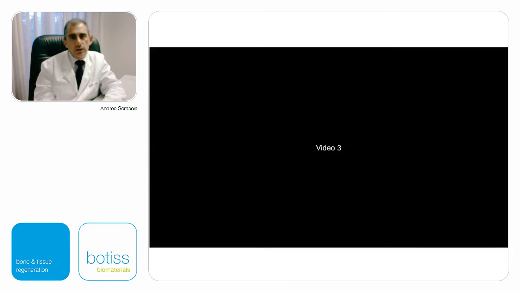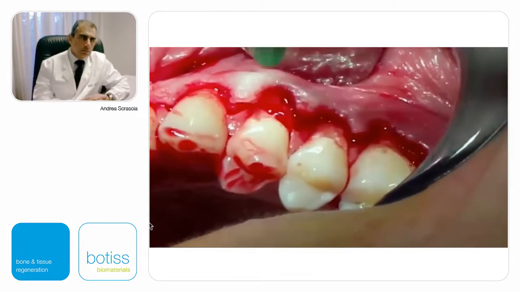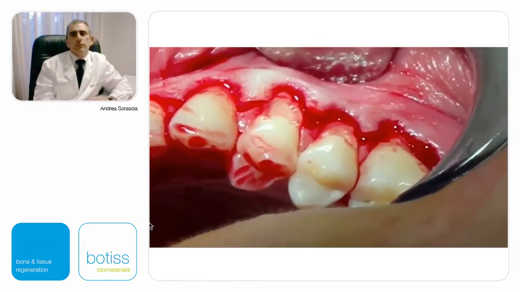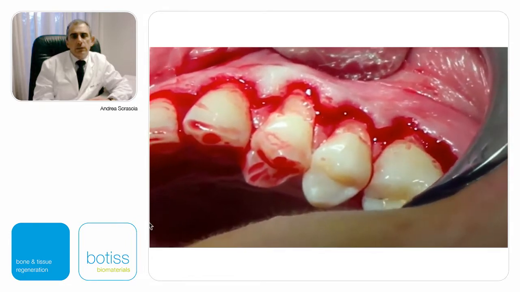So, incision, preparation for surgical papilla and flap preparation for the full split technique. Desepithelialization of the papilla.